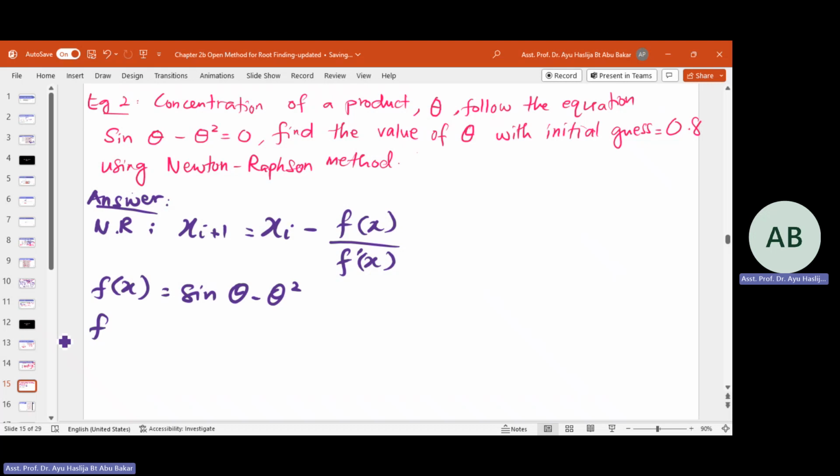So your f prime x, what is it? Differentiation of the sine is cos. So you will get cos theta minus 2 theta. Then proceed with your iteration.